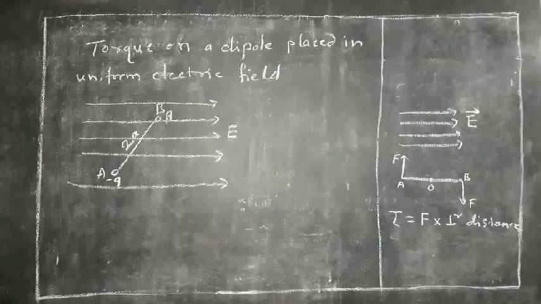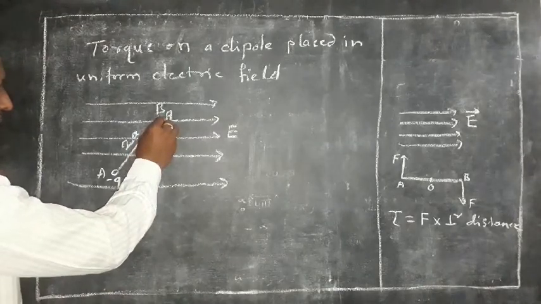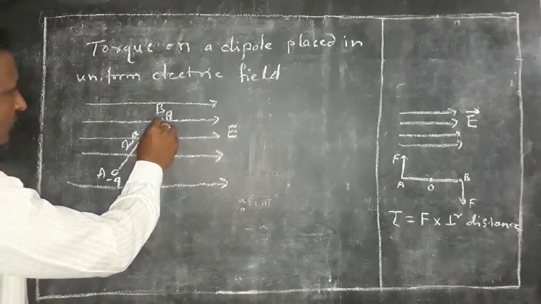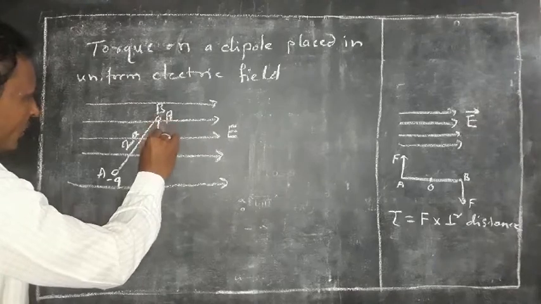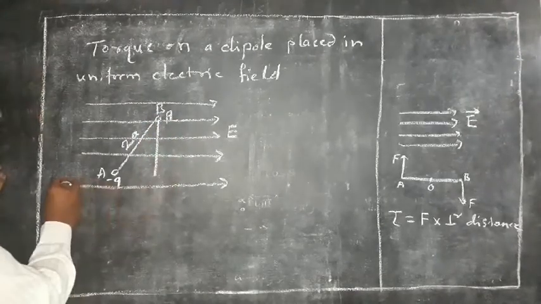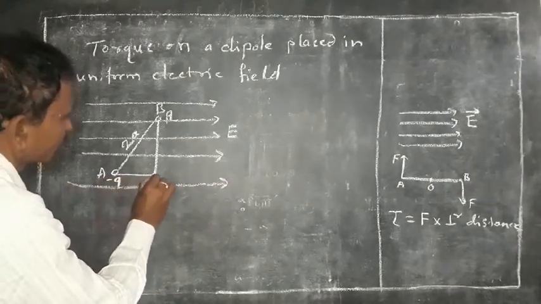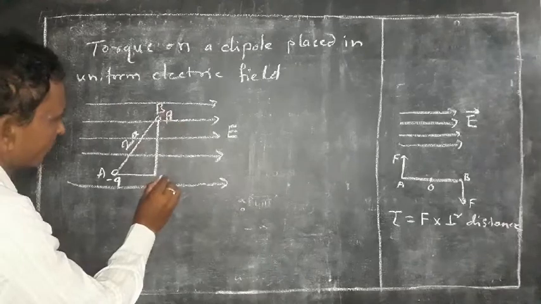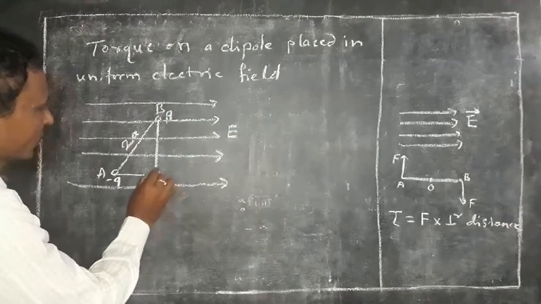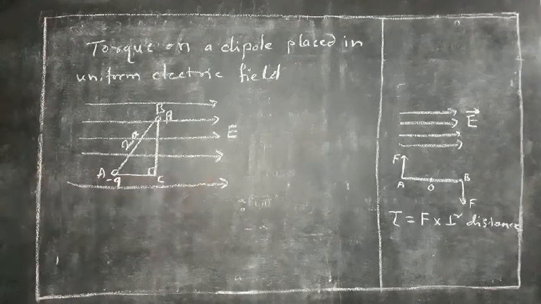Draw a perpendicular from B to the direction of electric field. This is the direction of electric field. Let BC be the perpendicular to the direction of electric field.